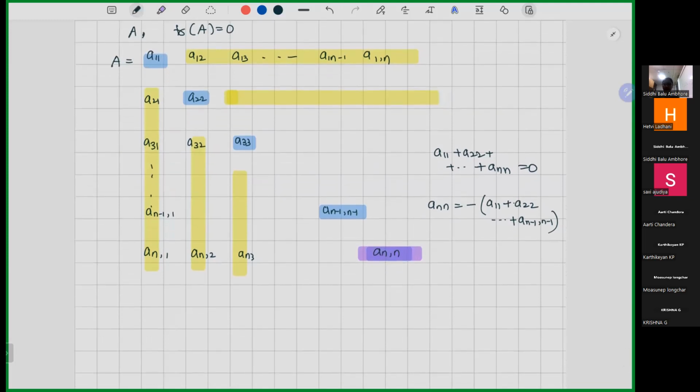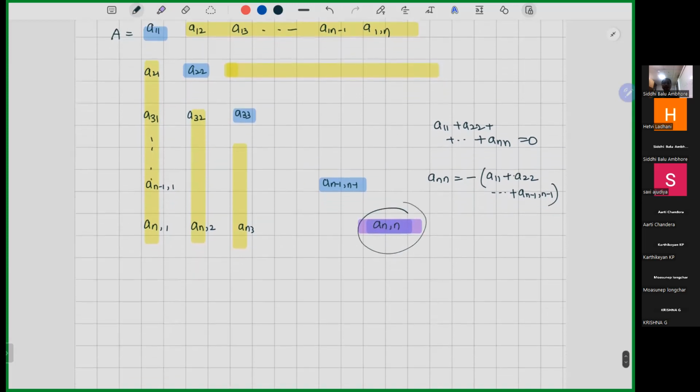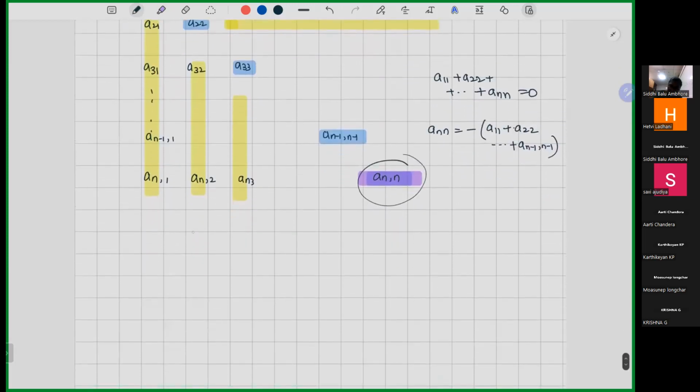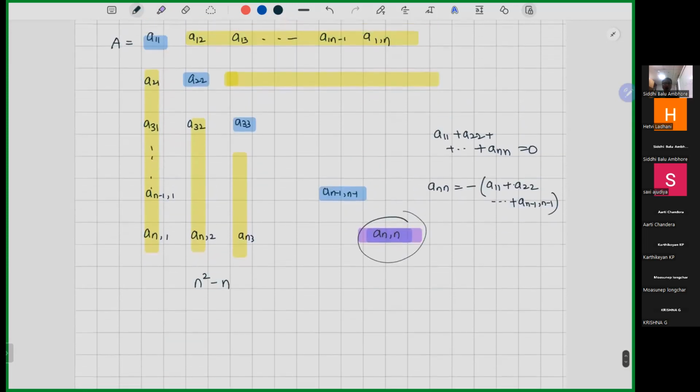So this is the only element which is changing the dimension, or which is dependent on the other elements. So the dimension will be n square minus n, because there are n square many elements and only one I am making dependent on the others. Is there any doubt here? Like how this is happening?